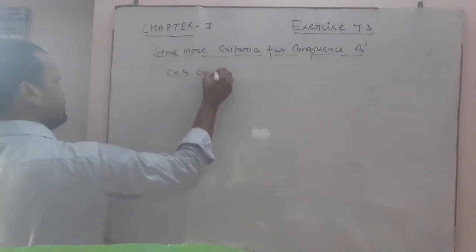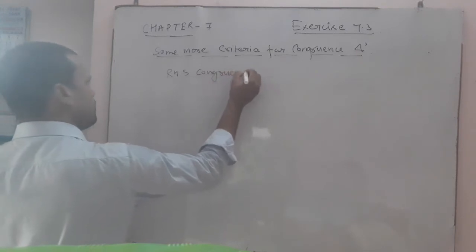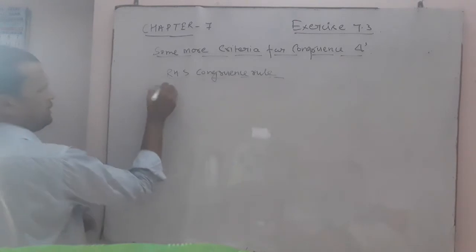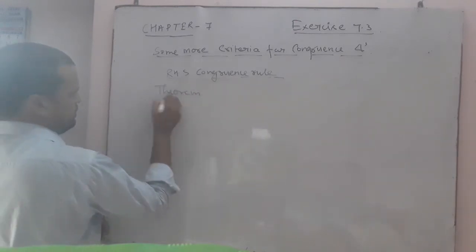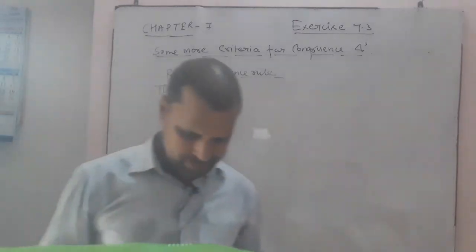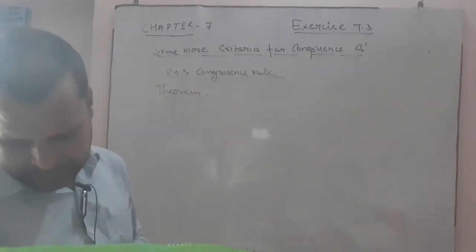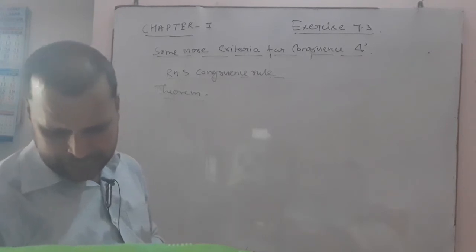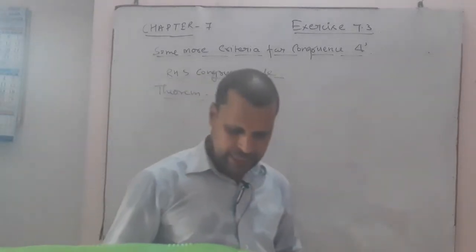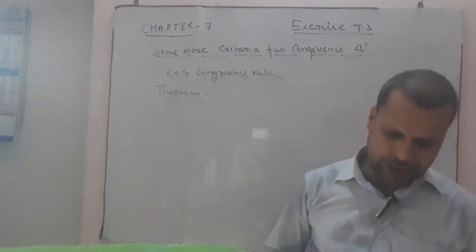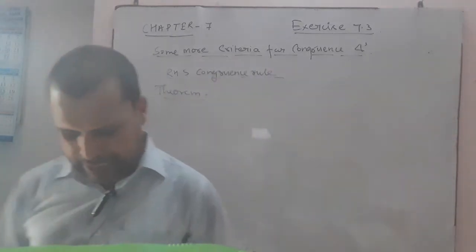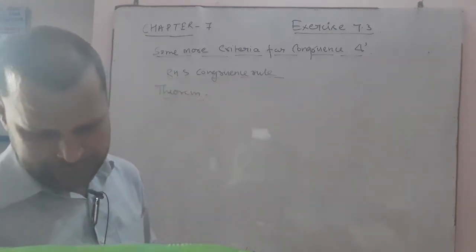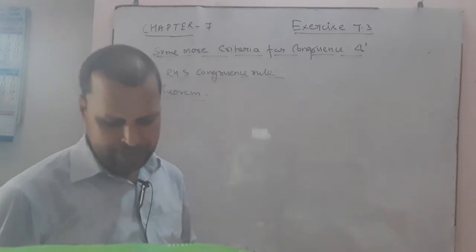The statement: if in two right triangles the hypotenuse and one side of the triangle are equal to the hypotenuse and one side of the other triangle, then the two triangles are congruent. Right angle, hypotenuse and side.